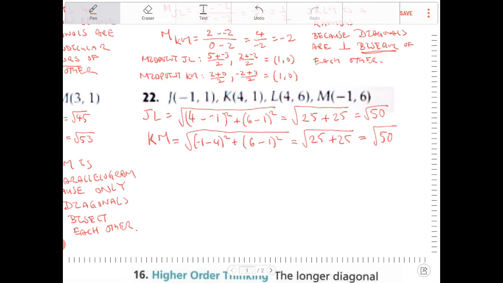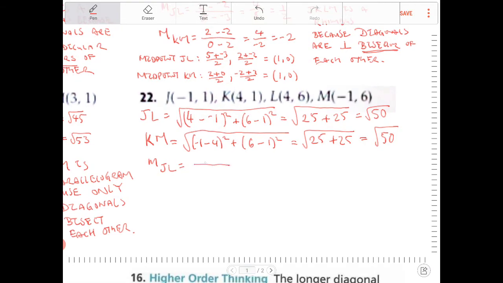To do that, we've got to find out whether or not it's a perpendicular bisector, right? So the slope of JL is equal to 6 minus 1 over 4 minus negative 1.